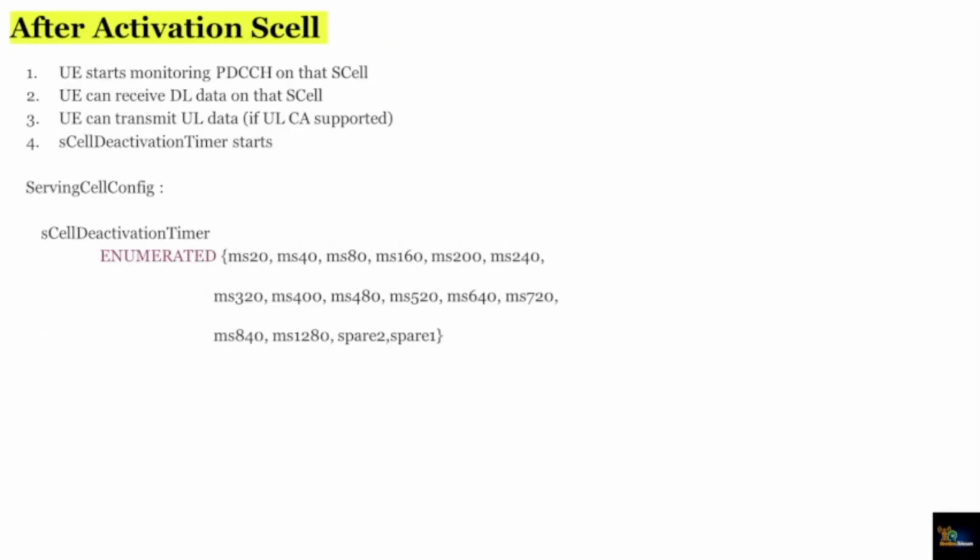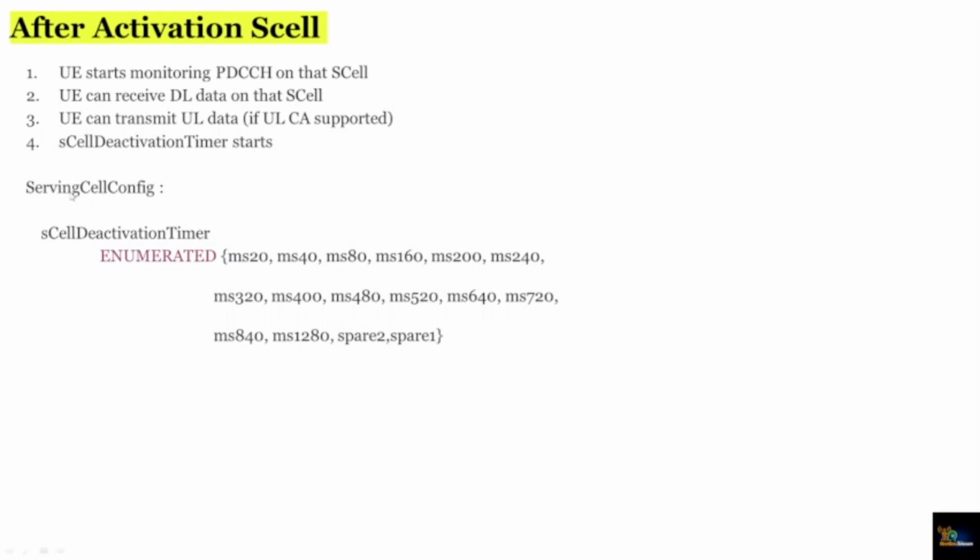Next slide is after activating the SCell. After activating the SCell, what is the flow? The UE starts monitoring PDCCH on the SCell, and the UE receives DL data on the SCell. The UE can also transmit UL data if UL CA is supported, and the SCell deactivation timer is also started.